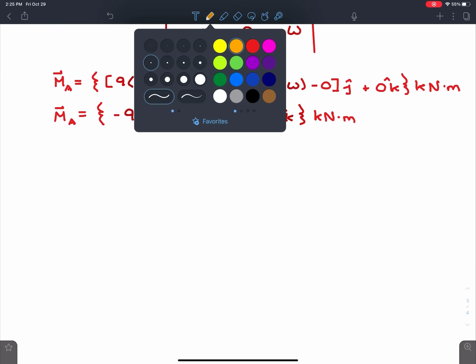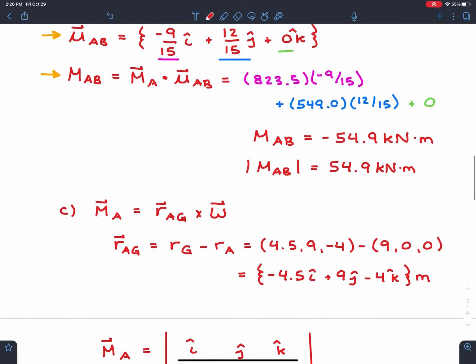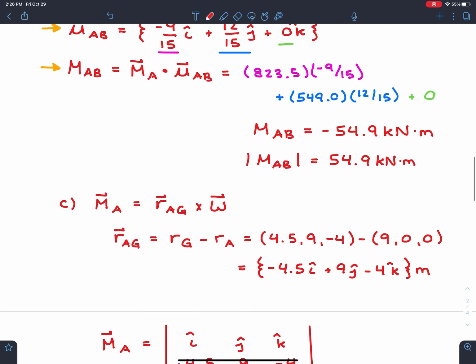same steps as before. So the moment about AB is going to be equal to our moment at A that we have above, dotted with the unit vector AB. So this is just going to be equal to the I component of our moment, which we had as negative 9 times W, dotted with the unit vector I component, which we have as negative 9 over 15.